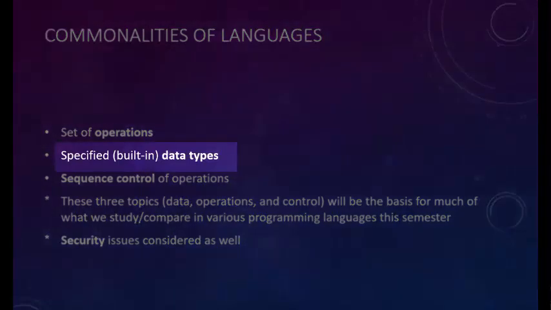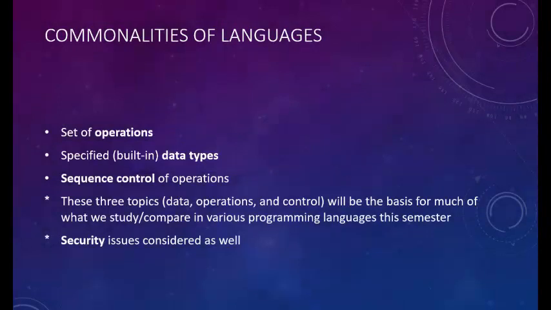The data types. Most languages have specified built-in data types. You are familiar with Java's, but many languages include built-in data structures such as hashes, dictionaries, and sets. Java can provide you with these, but they're not part of the language. They come from the libraries. One of the legacy languages that you will be studying even has a built-in complex data type.